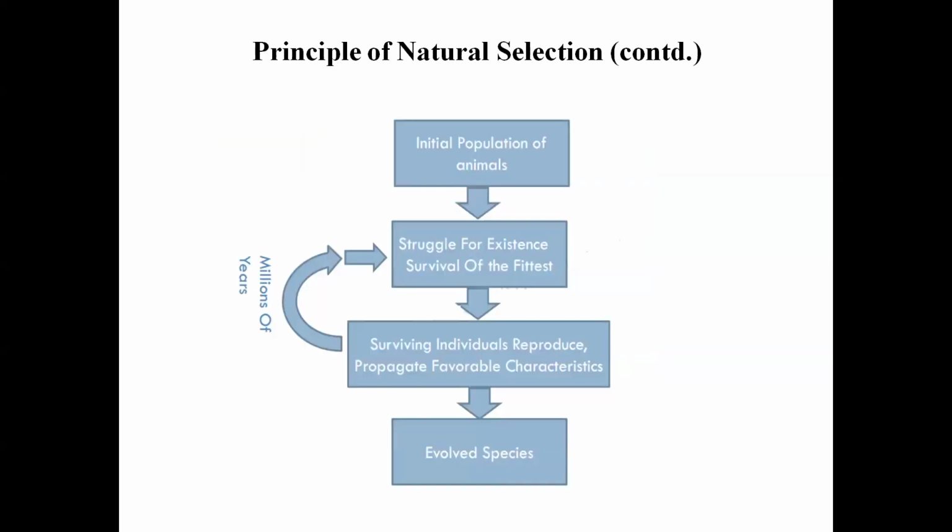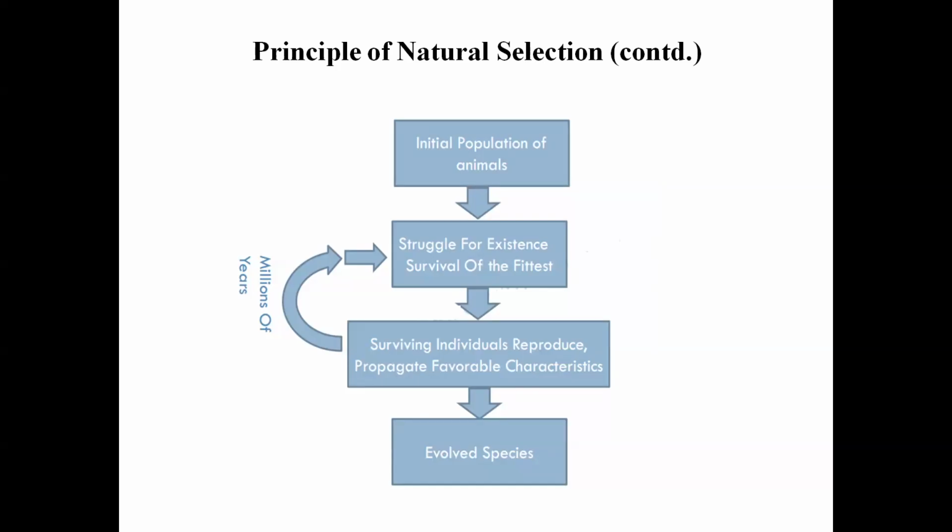Basically, the principle of natural selection can be indicated with this flowchart you see here. You have an initial population of animals. They all struggle for existence, that is, the survival of the fittest. The surviving individuals reproduce and propagate some favorable characteristics, such that the descendants get better features, as well as maybe some mutated features, and finally they are called the evolved species.